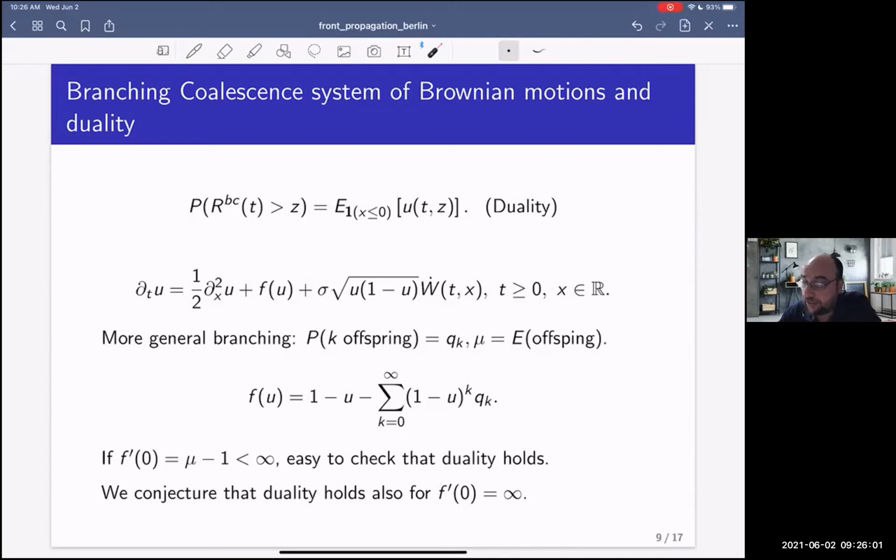And this may come from studying this equation. Another point is whenever f'(0) is infinity, in the case when sigma equals 0 and we consider the deterministic equation, the speed of propagation of this KPP equation should be infinity.